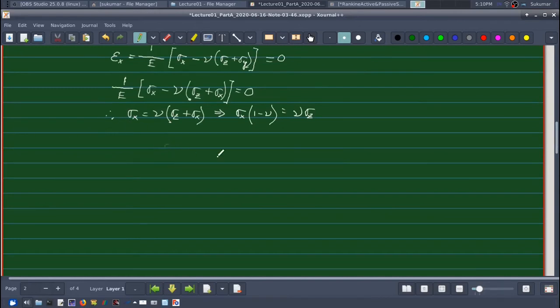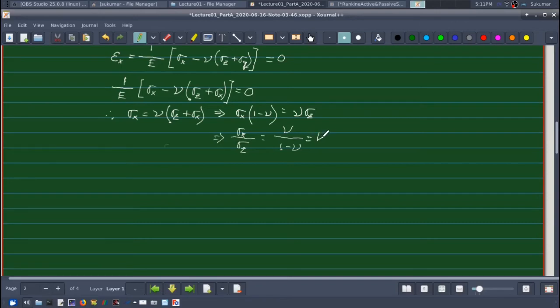And therefore I can find out the ratio of sigma x to sigma z, which is my K naught, and therefore from here I get sigma x by sigma z will be nu by 1 minus nu. Okay, and by definition this is the earth pressure coefficient at rest, isn't it?